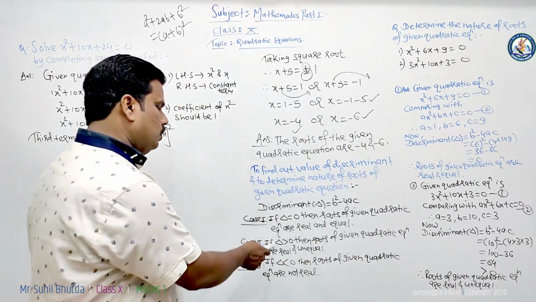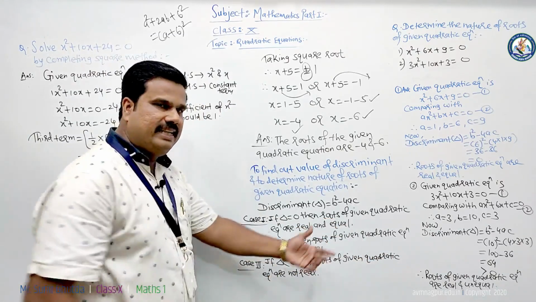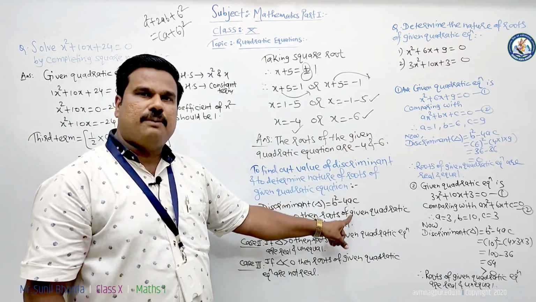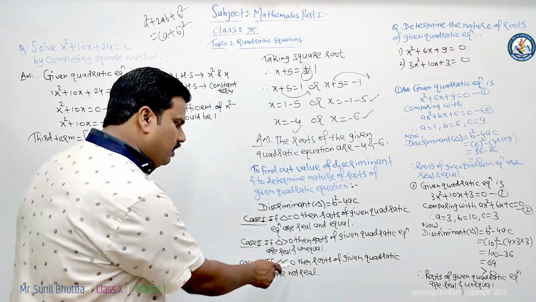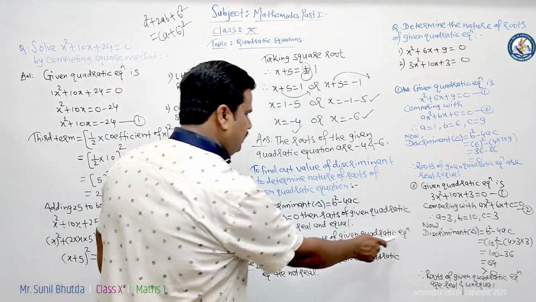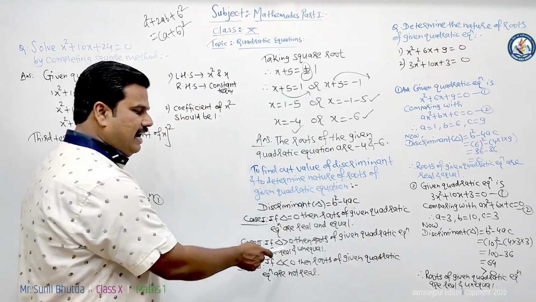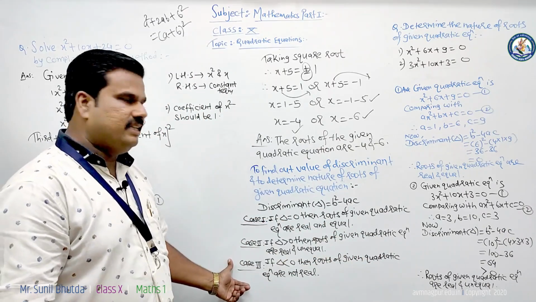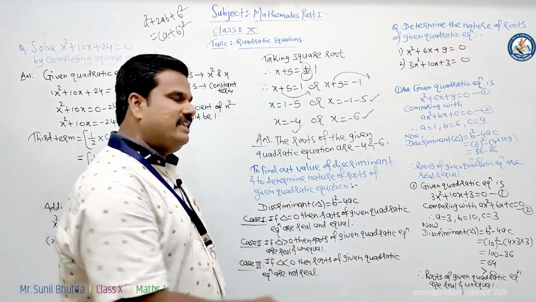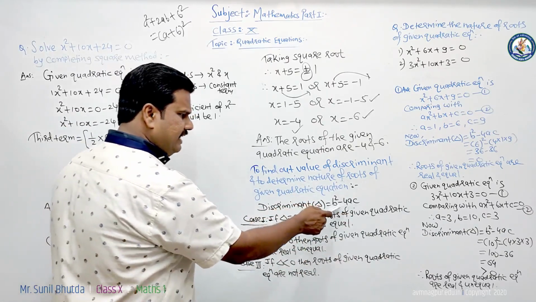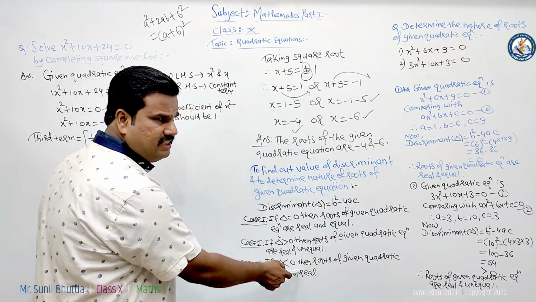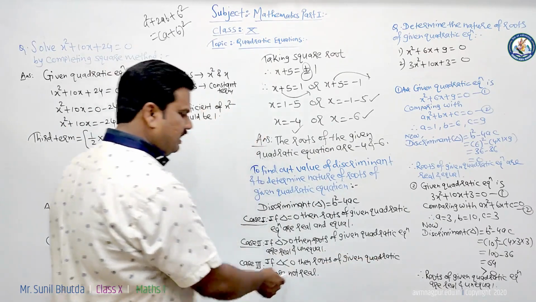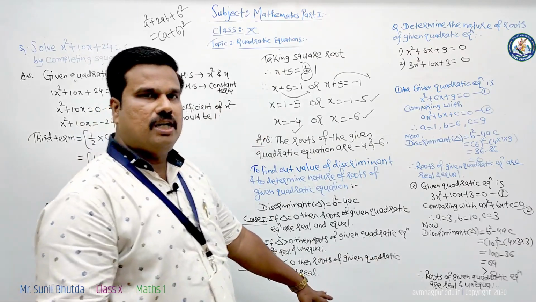Case number 2, if delta is greater than 0, it means if a value of b square minus 4ac is positive, then roots of the given quadratic equation are real and unequal. Case number 3, if delta is negative, that is b square minus 4ac is less than 0, then roots of the given quadratic equation are not real.